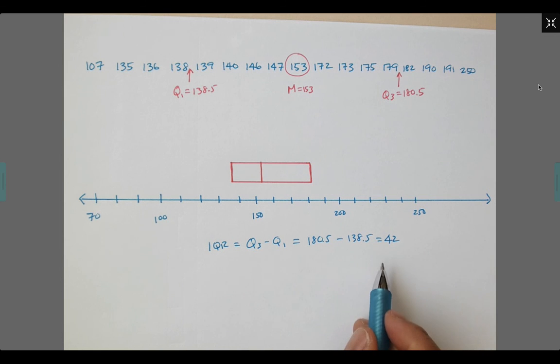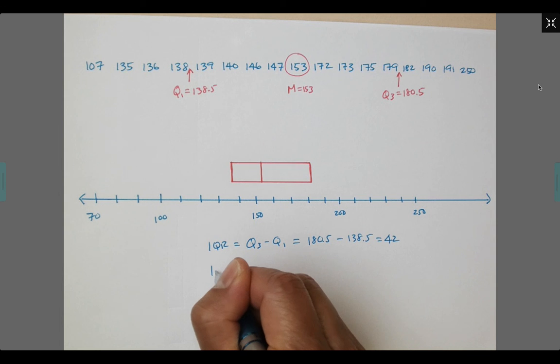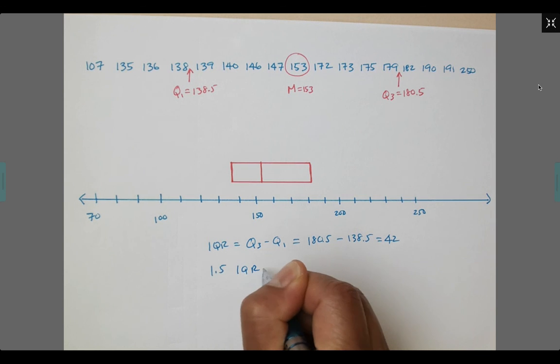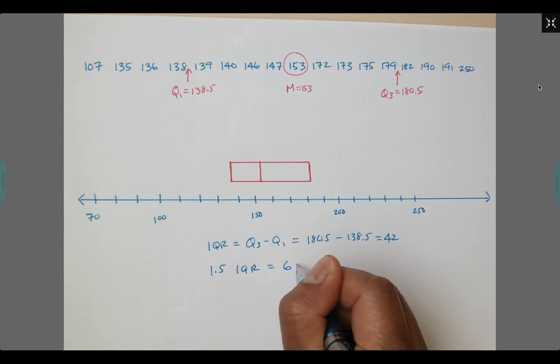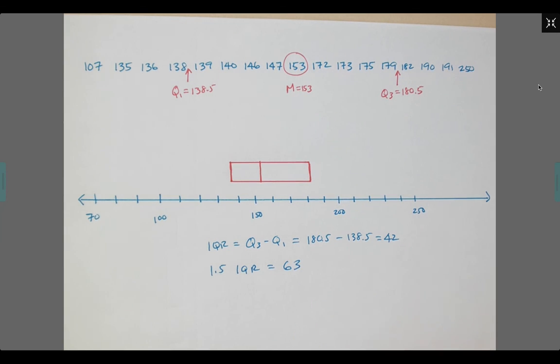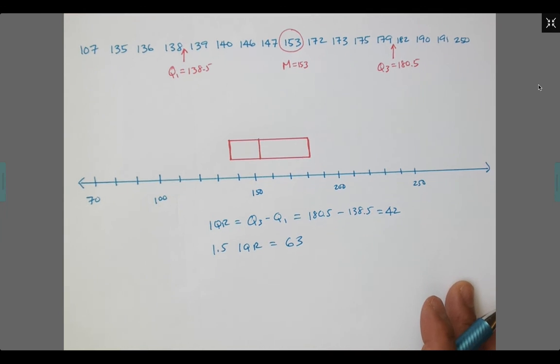So that's my IQR. So now what I want to figure out is, what is 1.5 times my IQR? Well, 1.5 times 42, if I add 21 to that, that's just going to be 63. So why did I calculate 1.5 times IQR? Because that's a number that I'm going to use to figure out where my upper fence and my lower fence are.